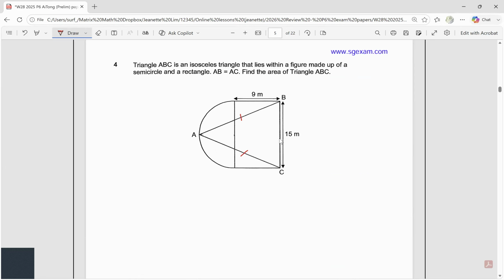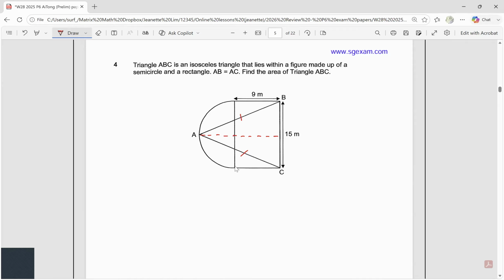So to find the height, it's made up of two things. One is the radius of the semicircle, and then this is 9 meters. So how to find the radius of the semicircle? To find the radius, 15 would be the diameter.